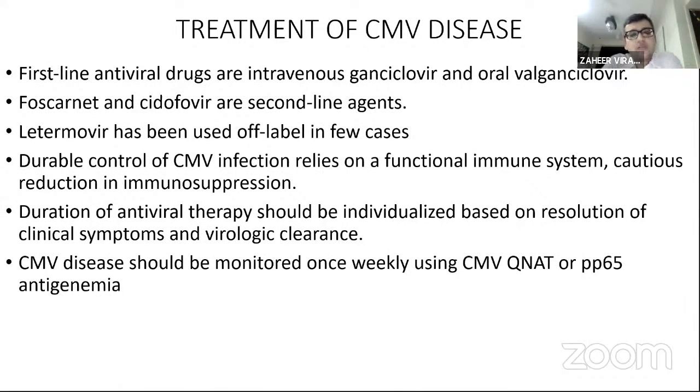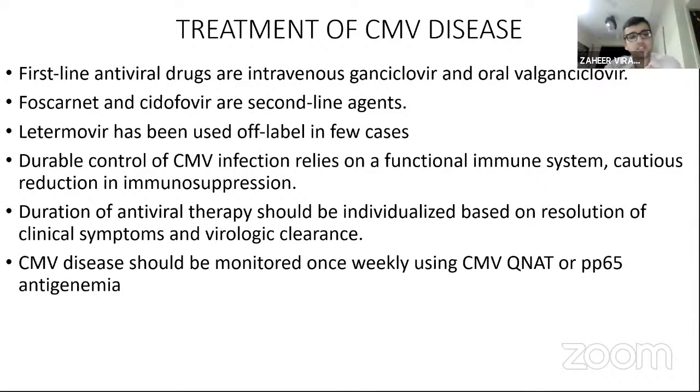So now to the treatment part. The first line antiviral drugs are ganciclovir and oral valganciclovir. Foscarnet and cidofovir are second line agents, and letermovir has been used off-label in a few cases. One has to remember that when you have a CMV infection, it is because of immunosuppression, and one has to consider reducing the immunosuppression.